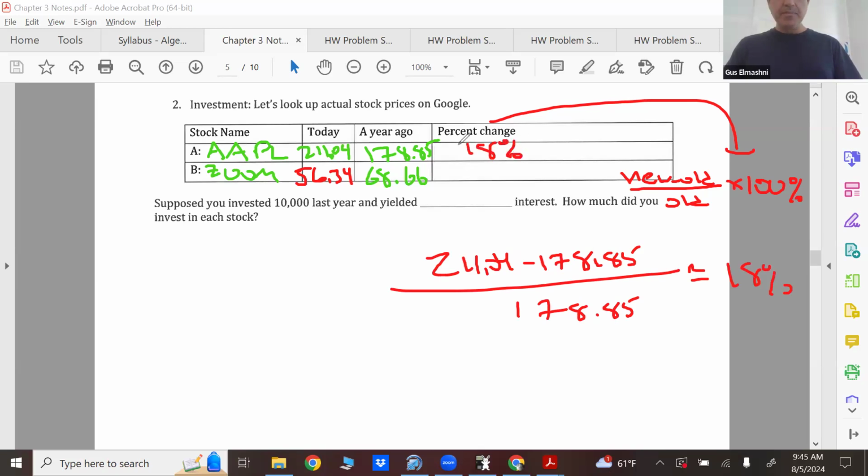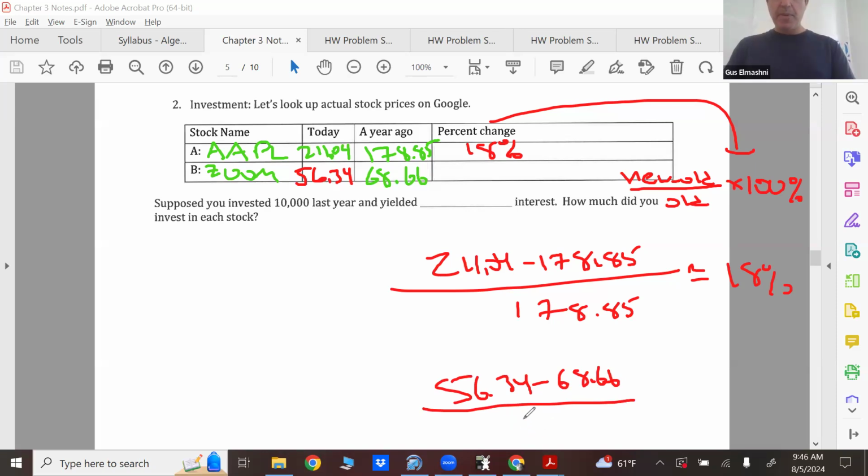And then let's see the next one here. 56.34 over 56.34. Sorry, 60.66.